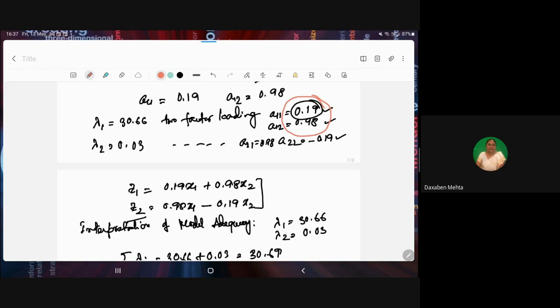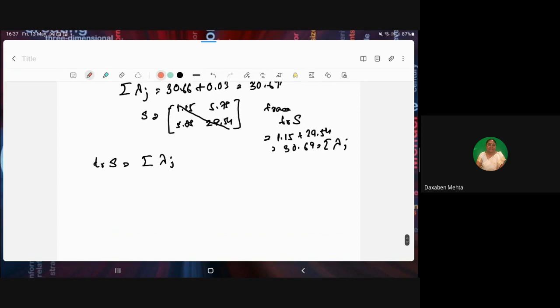So considering this, if you also calculate A1 transpose S A1, that means 0.19 and 0.98 multiplied by the variance covariance matrix, and then 0.19 and 0.98.